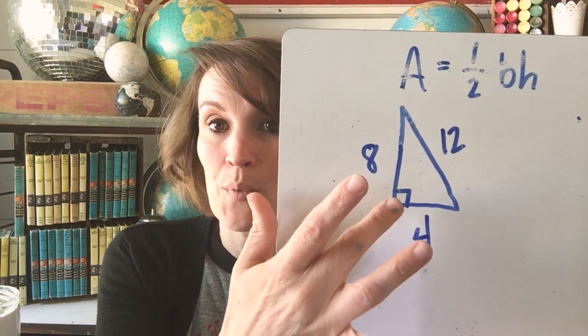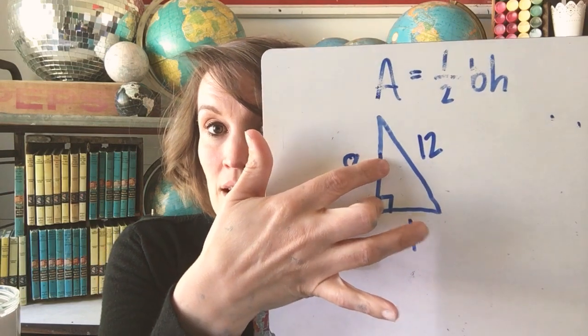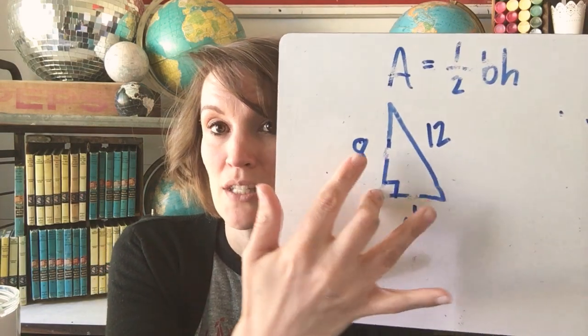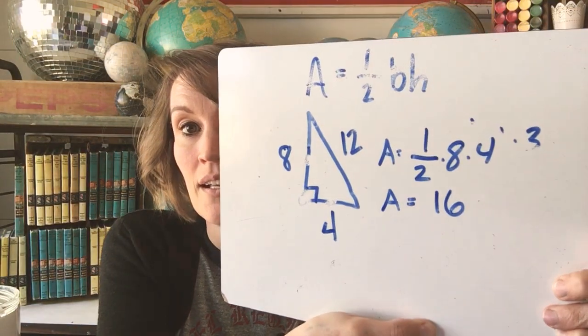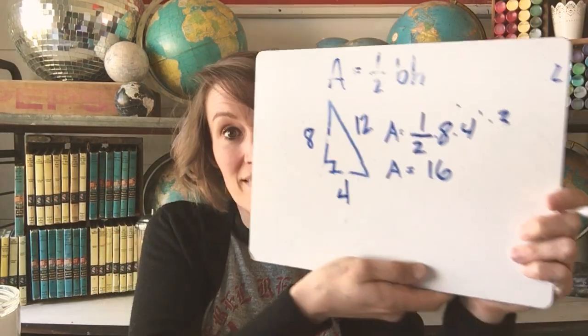So there's that right triangle. This is connected to it, and this is connected to it. So 8 and 4 are my base and height. So area is equal to 1/2 times 8 times 4. 1/2 times 8 is 4. 4 times 4 is 16. That's the area for that one.